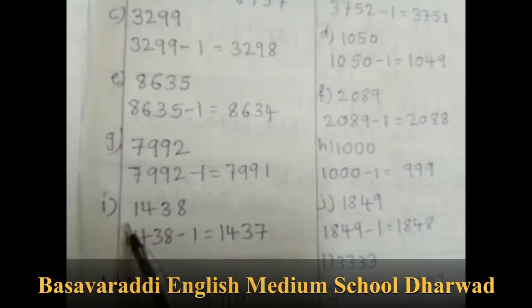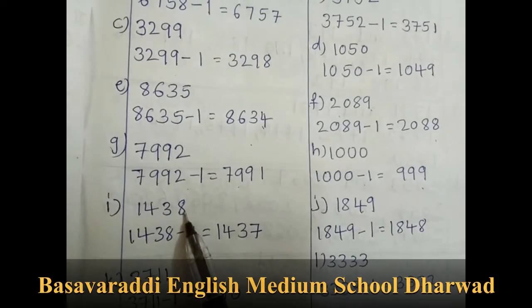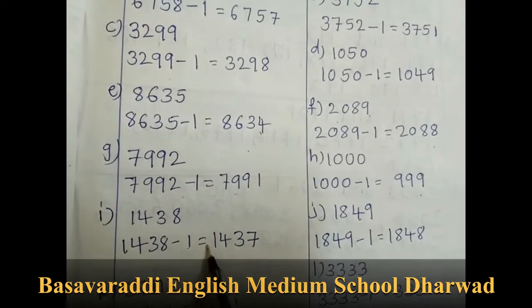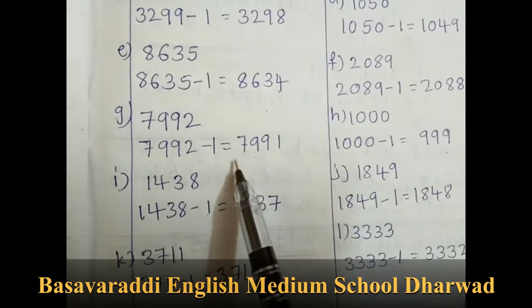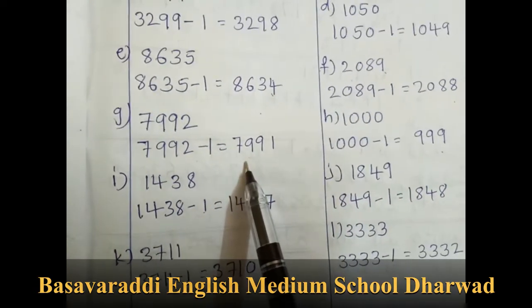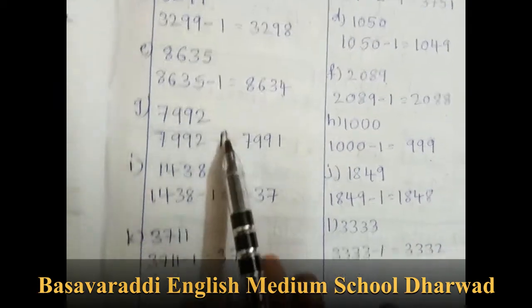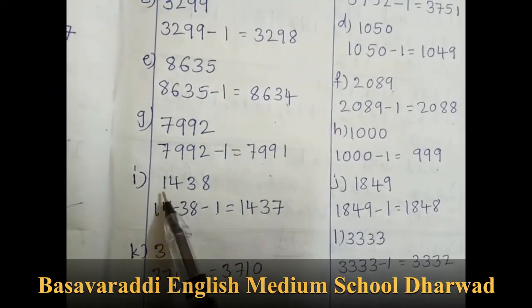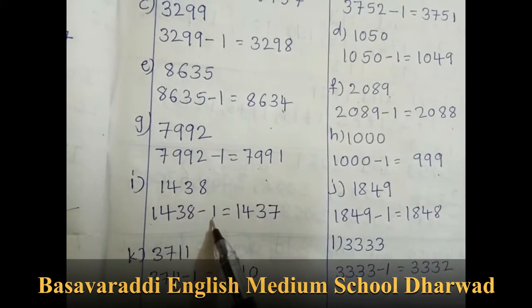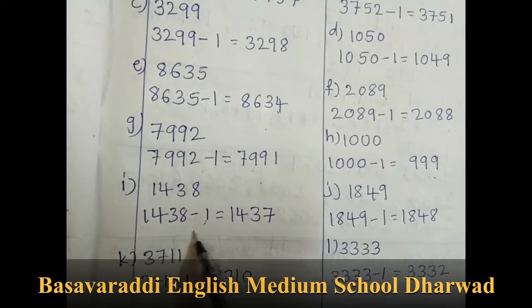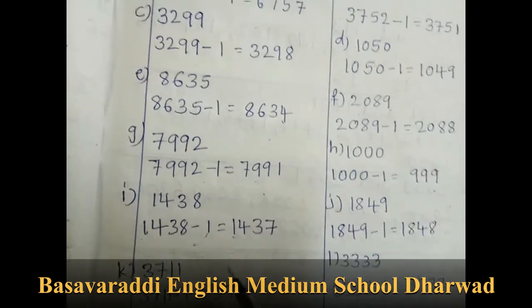The I1, 1438, subtracting 1, and what are we getting? 1437.